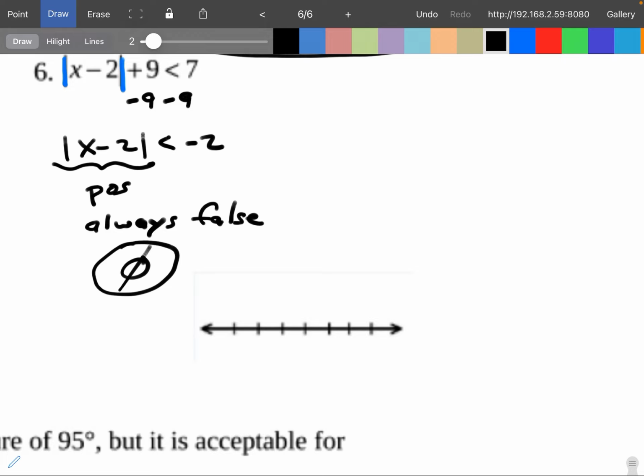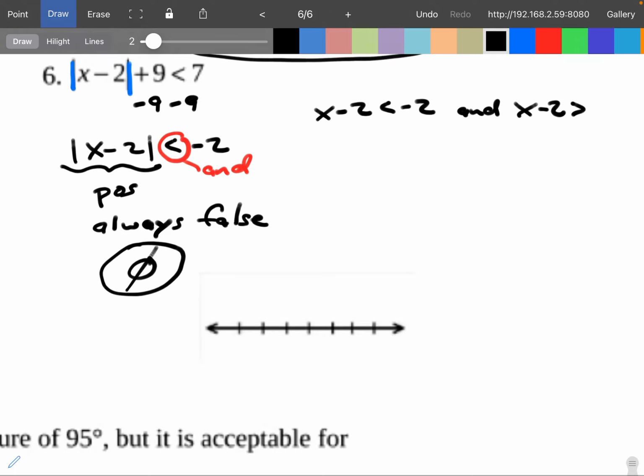All right. So then how many solutions? None. So you can write no solution. Now again, just real quick, let's pretend I didn't notice that, and I'm going to set up the two cases. The first case would be x minus 2 is less than negative 2. We didn't decide, is this one an and or an or? Good. That's an and.